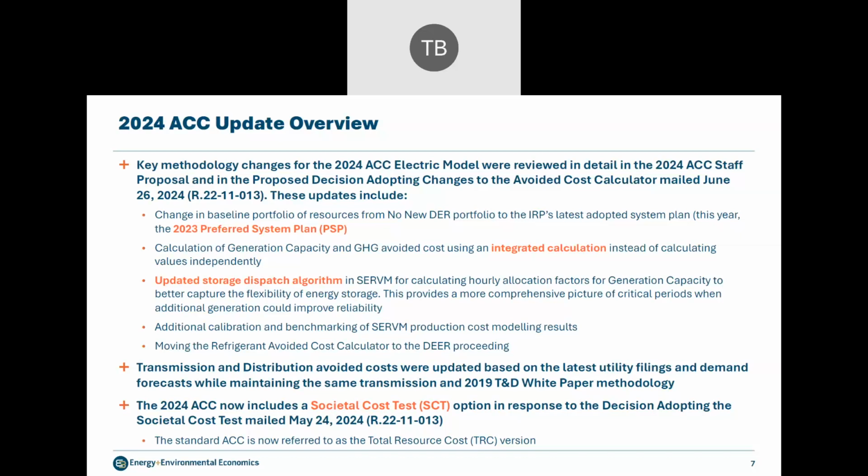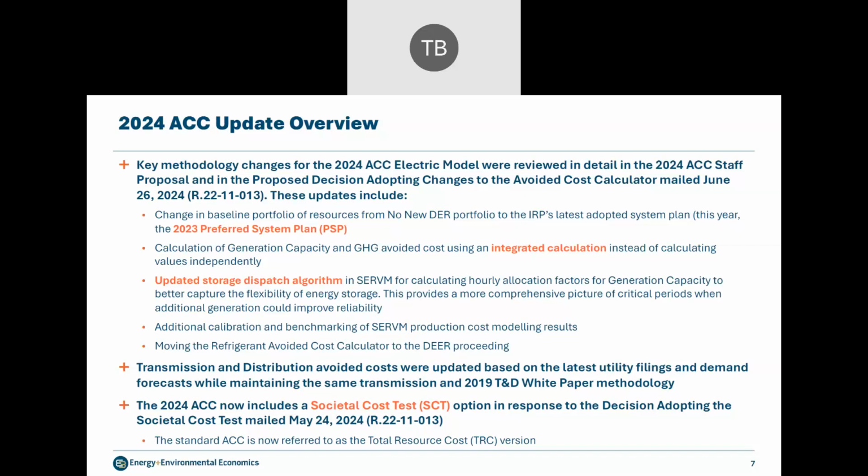And quite a few parties are recommending changes in the proposed decision, including changes that could have a non-trivial impact on the 2024 ACC numbers.